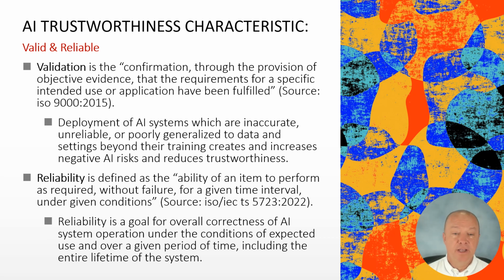Reliability is defined as the ability of an item to perform as required without failure for a given interval of time under given conditions. So reliability is a goal for overall correctness of AI system operation under the conditions of expected use and over a given period of time, including the entire lifetime of the system.